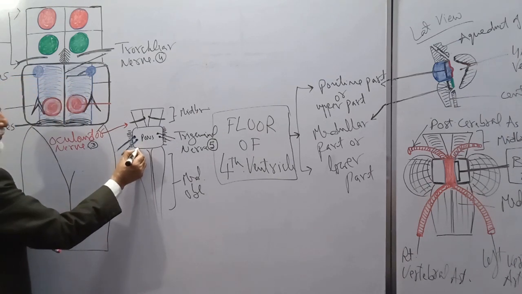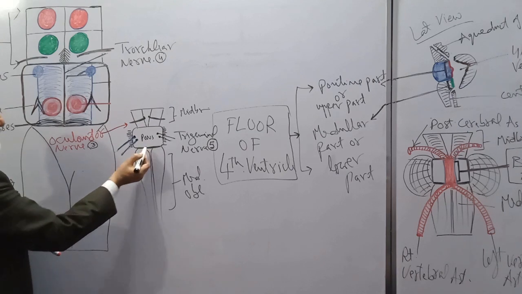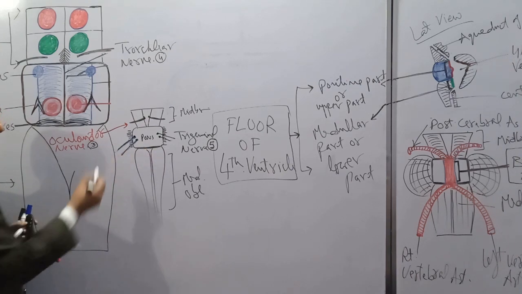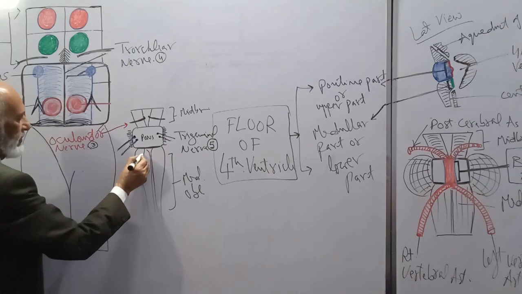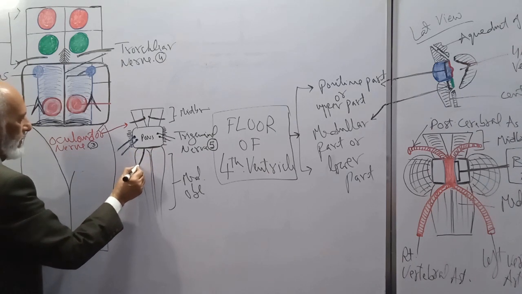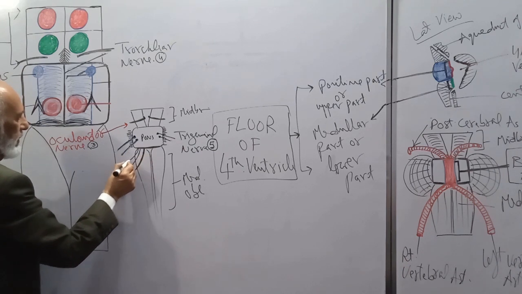Now this is the pontomedullary junction, the junction between the anterior surface of the pons and medulla oblongata. Three cranial nerves have surface attachment here: sixth, seventh, and eighth.